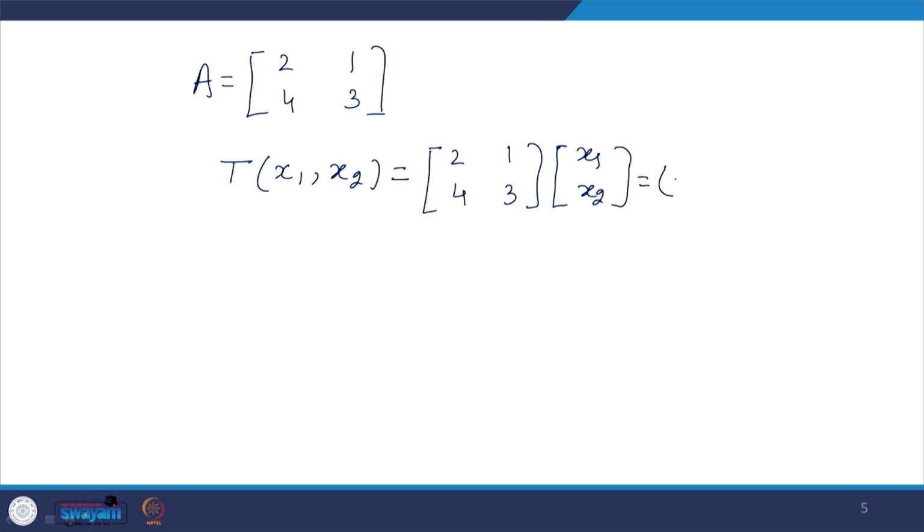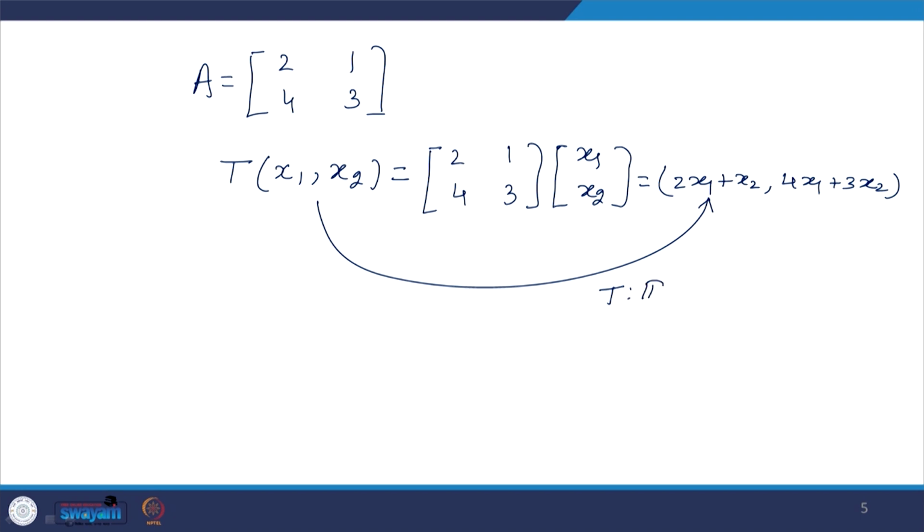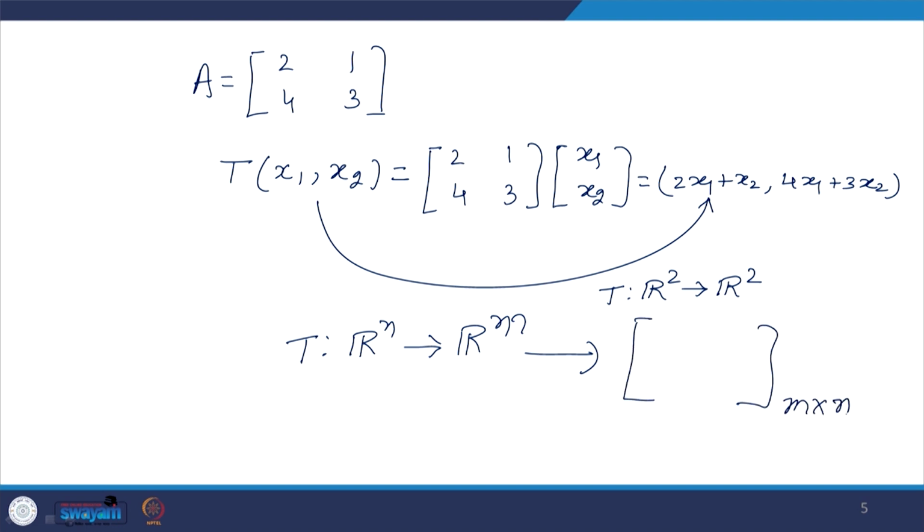So, it will become (2x1 plus x2, 4x1 plus 3x2). So, this is the linear transformation T from R2 to R2. If you have a linear transformation from Rn to Rm, then the matrix representation will be an m by n matrix. This you have to remember.